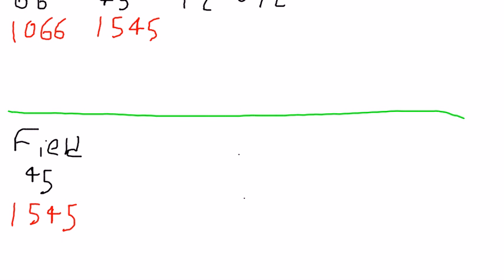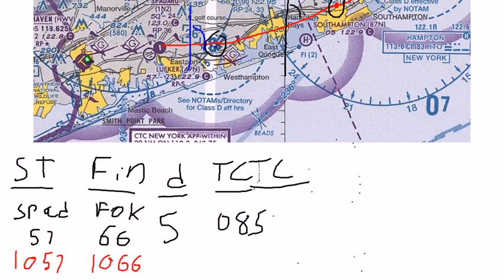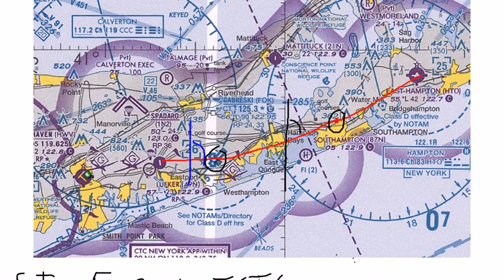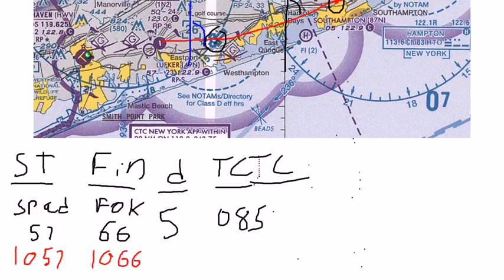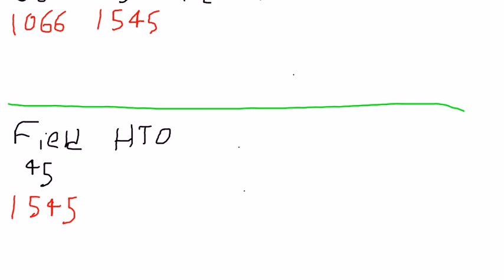And the final destination we want to get to is KHTO. And we can read that right off the sectional how high it is. It's printed right there in case you didn't know. 55 feet MSL is the field elevation.